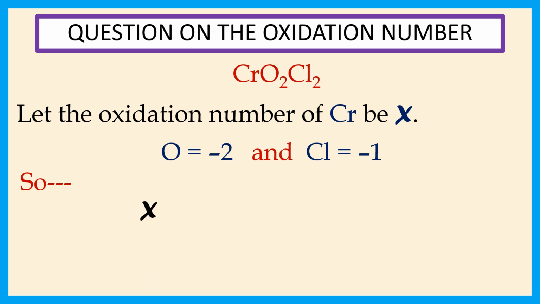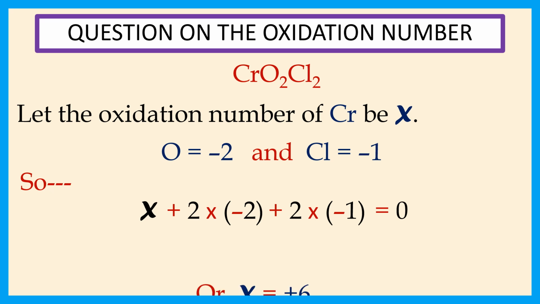So, X for one chromium atom plus 2 into -2 for two oxygen atoms plus 2 into -1 for two Cl atoms is equal to 0, or X is equal to +6.